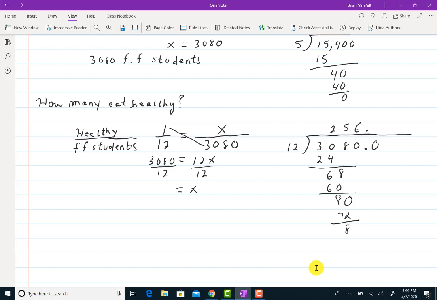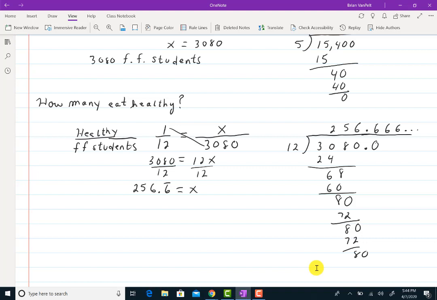And then I can start bringing down zeros as I'm now past the decimal point. 12 goes into 80 6 times. And it looks like I'm going to get this forever and ever. The 6's will just go on and on. So I know that the exact version of the answer is 256.6 with a bar over it.